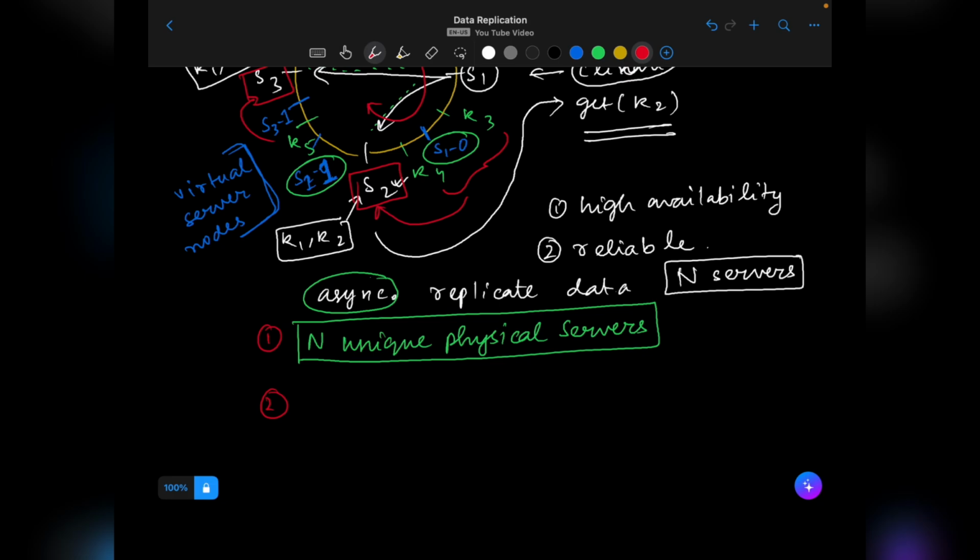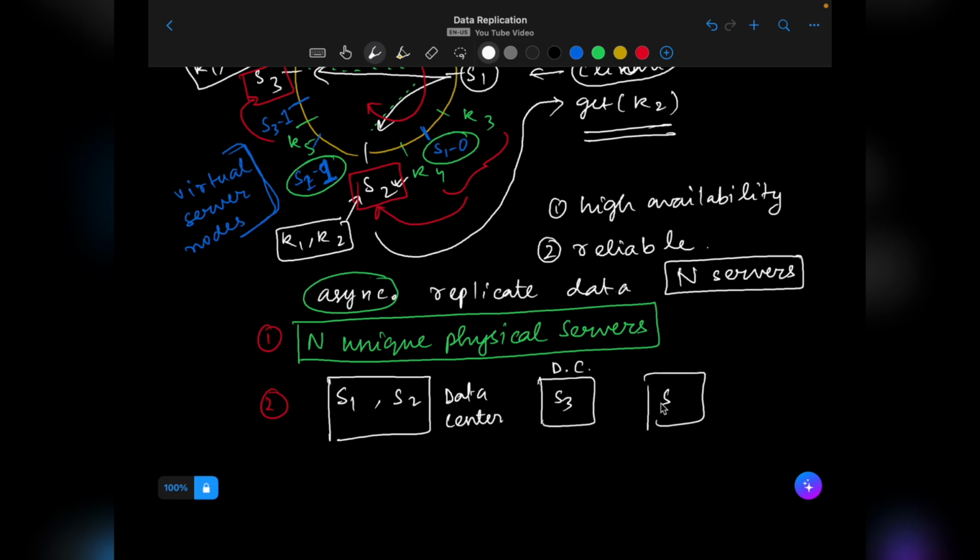Another thing is, what if server 1 and server 2 are in the same data center, whereas server 3 is in another data center, and server 4 is in yet another data center. And by moving clockwise, we have put most of the keys here, key 1 and key 2 in both server 1 and server 2. And there is a power outage or the data center is down.